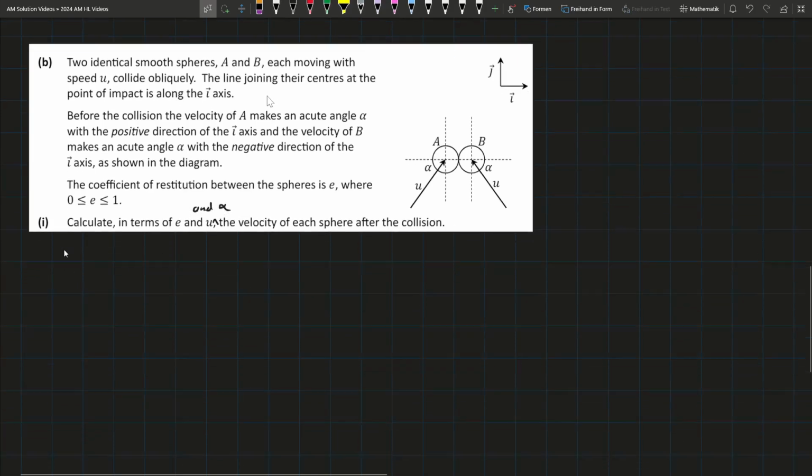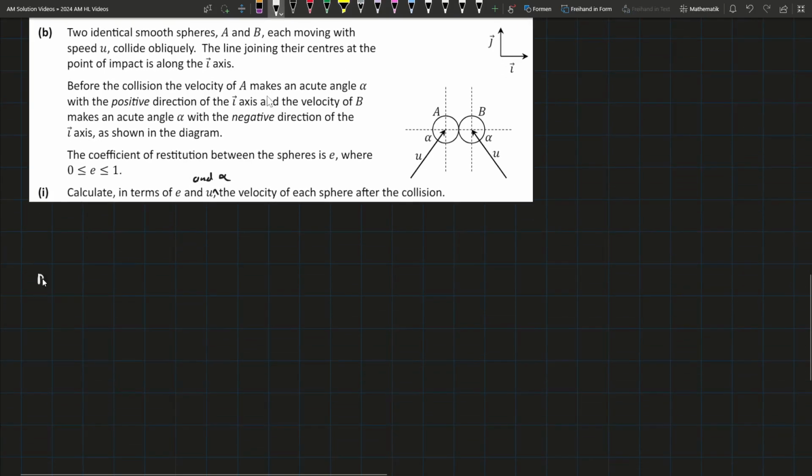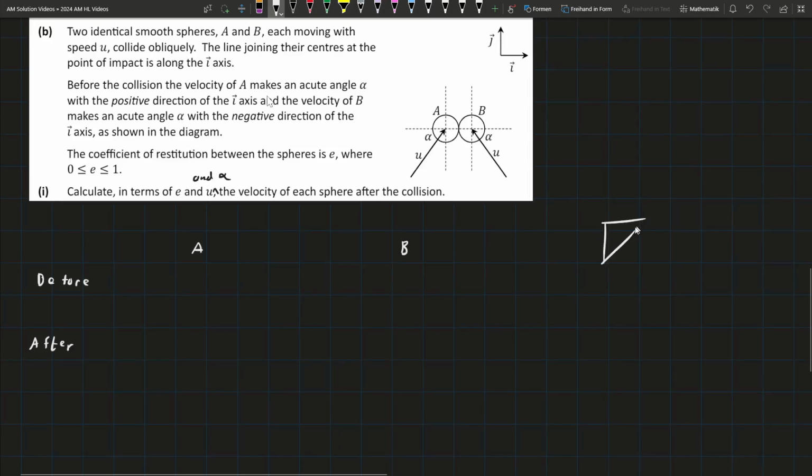So first thing I always do is I do a little chart. So I have before, I have after, and then we have A and we have B. So beforehand, we have our little triangle with velocity here, and then our angle alpha is here. So of course this can be u cos alpha as our I velocity, and u sine alpha as our j.